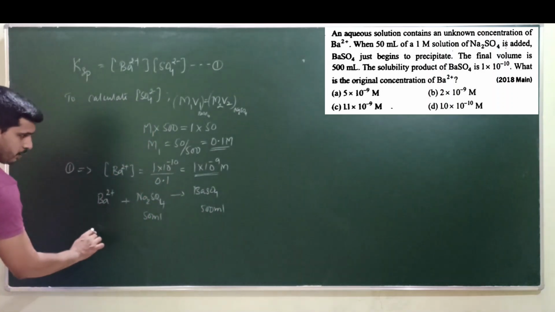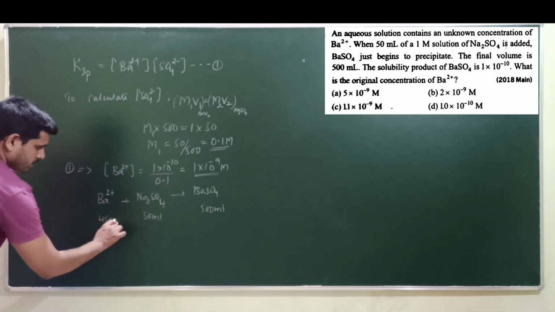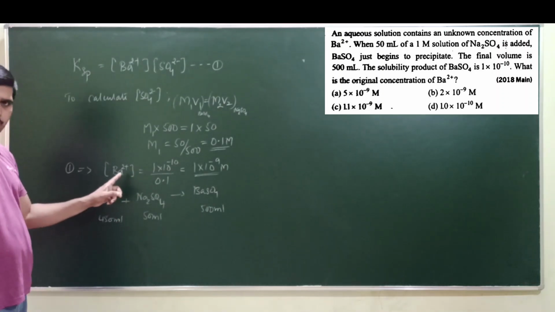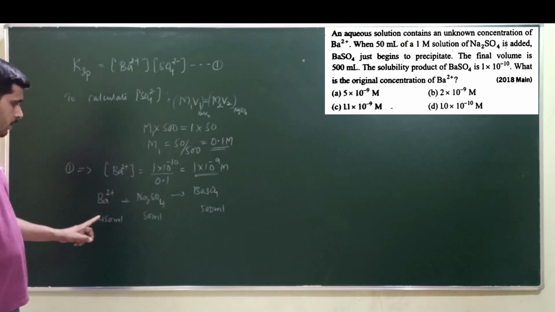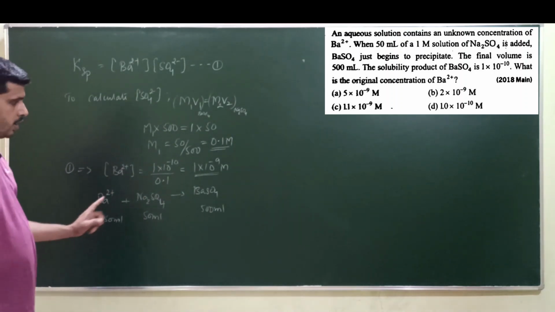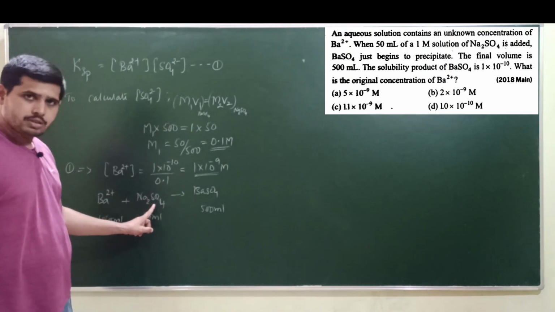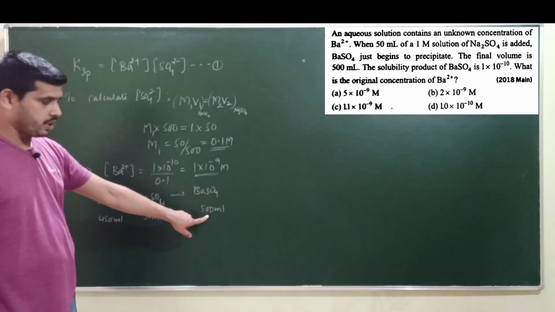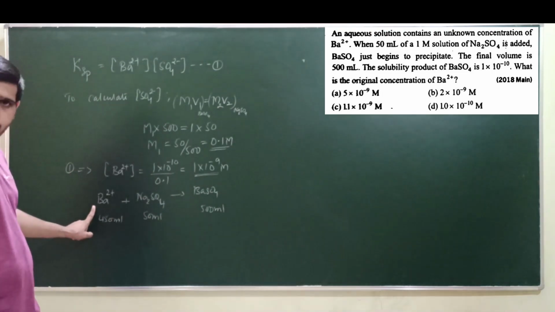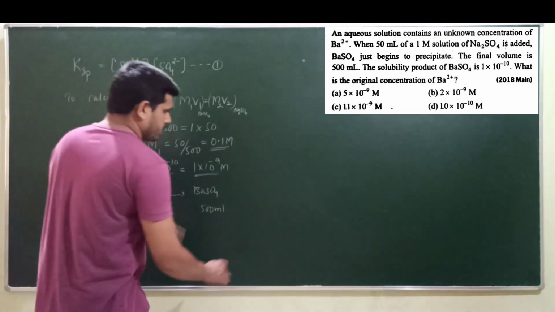Therefore, what is the original volume of barium? 450 ml. Am I right? Can't you find out now through this V1 M1 equal to V2 M2 formula? We know the volume of barium 2 plus ion, and we know the volume of barium sulfate along with the concentration. Can't we get the original barium concentration? Yes.